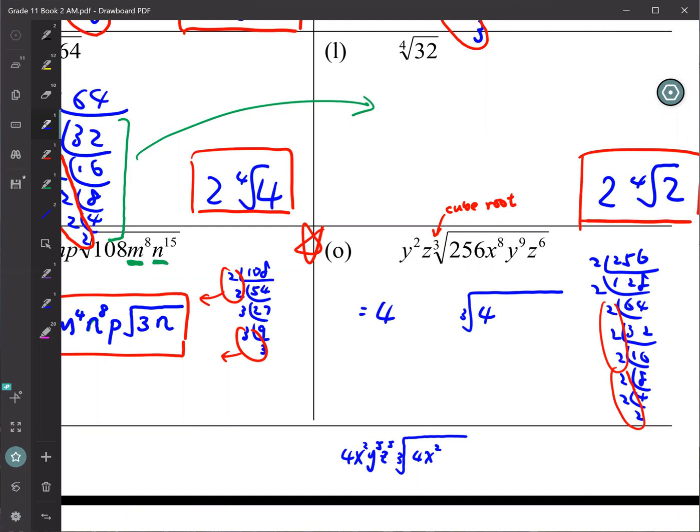And then for the x, you can have 2 groups of 3s, right? So x squared. 2 groups of x. And then for the y you could have 3 groups of 3 y's. And so all the y will go out, right? So that makes the y to the 5.